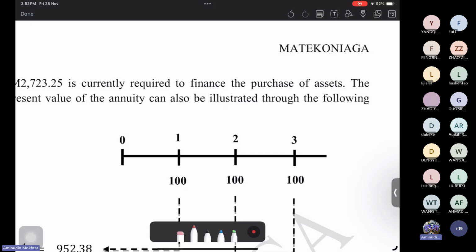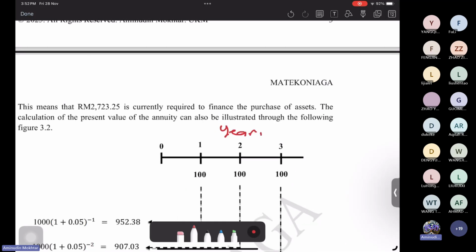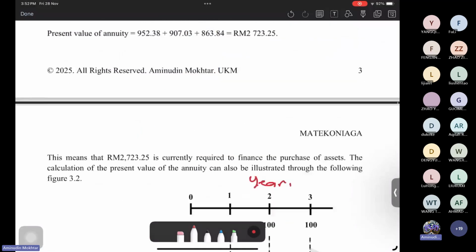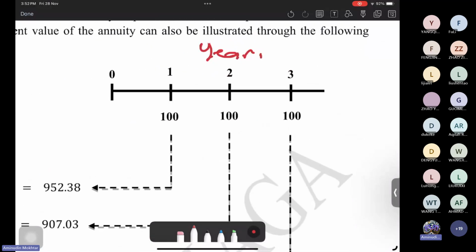Let's say we have year 1, and this is the number of years. At the end of year 1, year 2, and year 3, you need to pay 1,000.